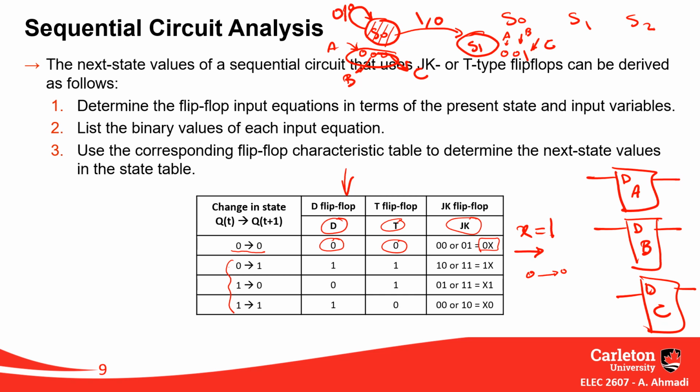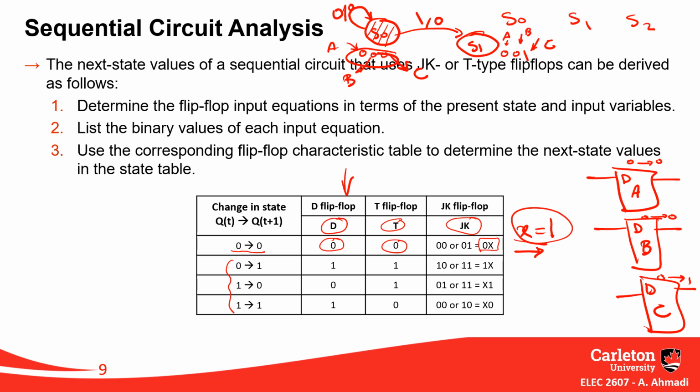So under this condition, this will make a 0 to 0 transition, 0 to 0, but this one 0 to 1. Now, when x is equal to 1, I have to apply appropriate inputs to each flip-flop to make this transition for me. And that's how we design our sequential circuit.